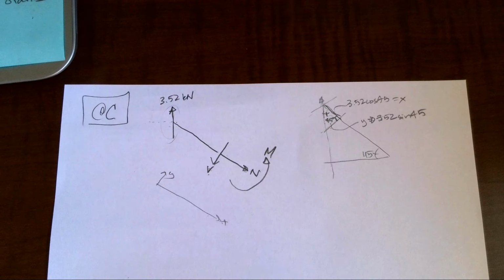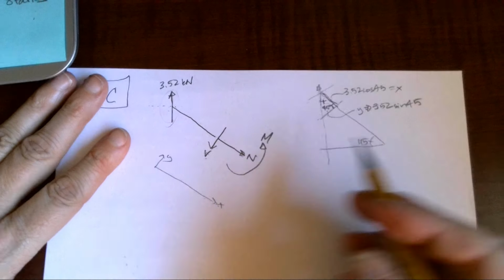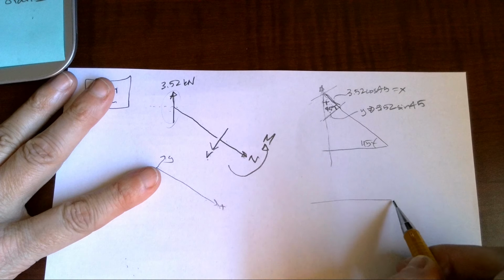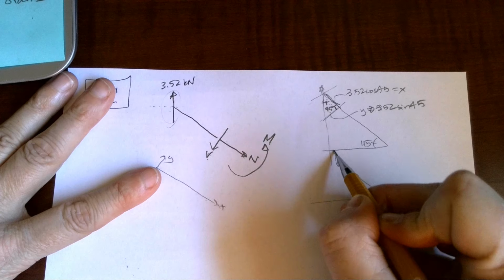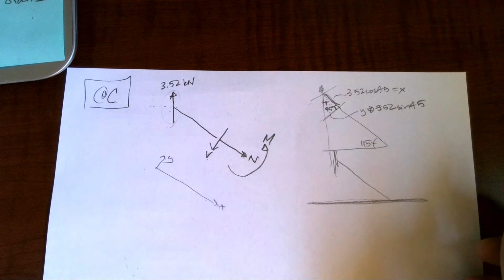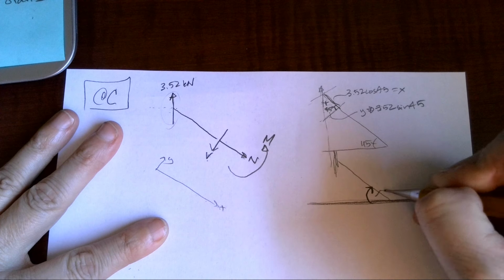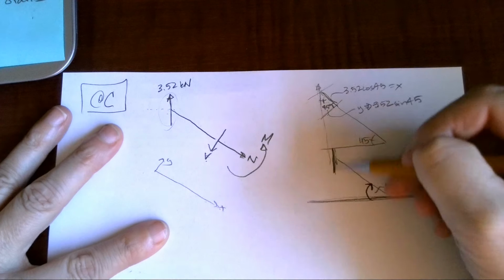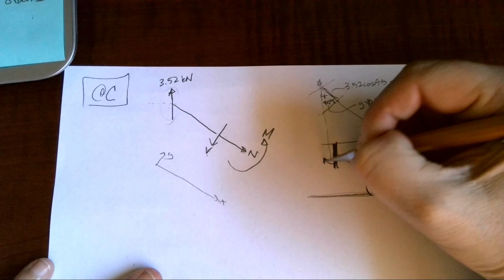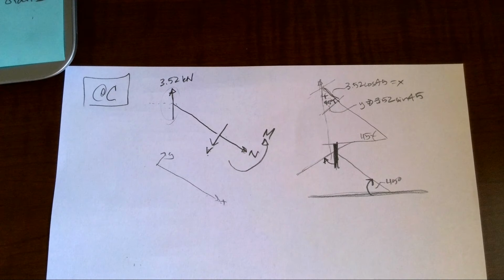Or the other way I could approach this is, if I am rotating from my x-axis to that member at 45 degrees, then I know that I'm also rotating from my y-axis to the new y-axis at 45 degrees.